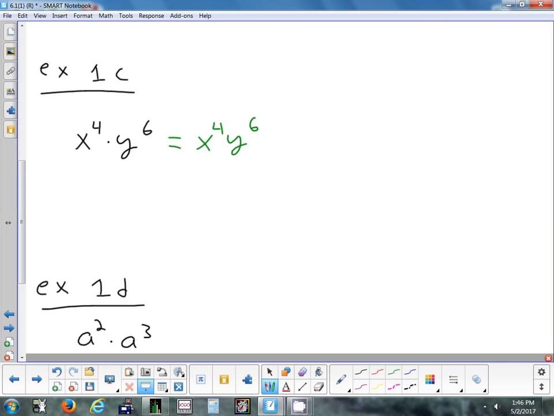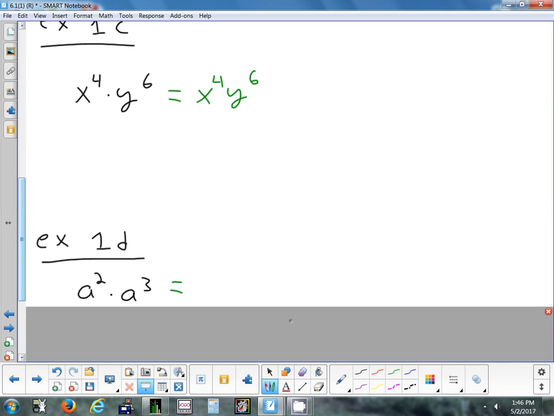Okay, how about 1D? Can that be simplified? Why? Because the bases are the same. So in the final answer, what's the base? Keep the base the same. What about the exponent? 5. If you multiply 2 A's times 3 A's, you'd have 5, and that's the exponent. Okay, so we just took 2 plus 3.